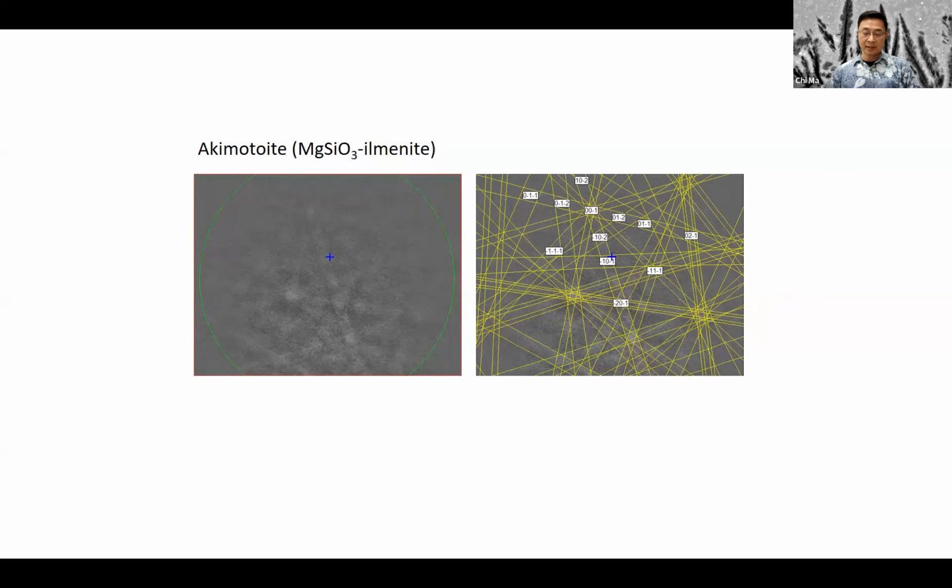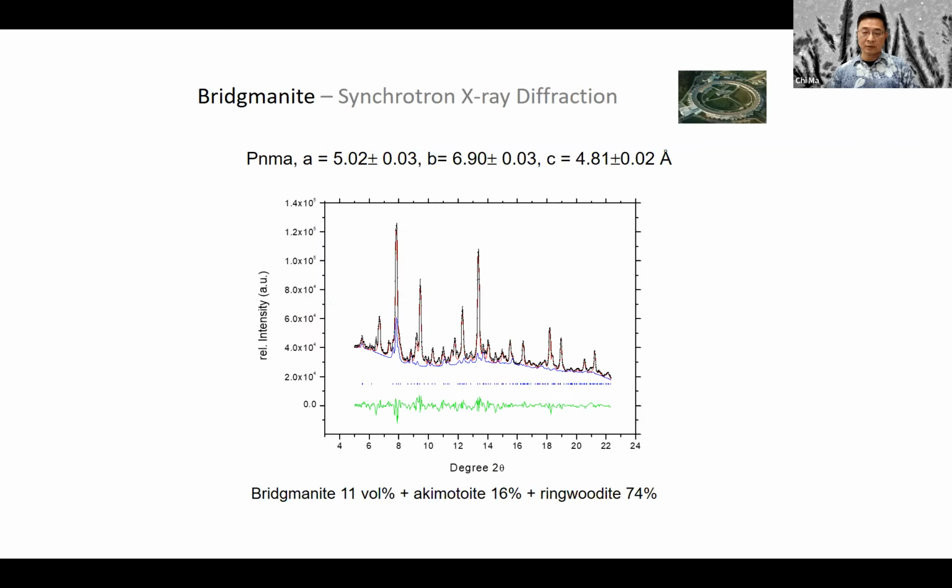Akimotoite is MgSiO₃ with an ilmenite structure, revealed by EBSD analysis. But no EBSD pattern was ever obtained from bridgmanite due to instant electron beam damage. So finally, we did many synchrotron tries.